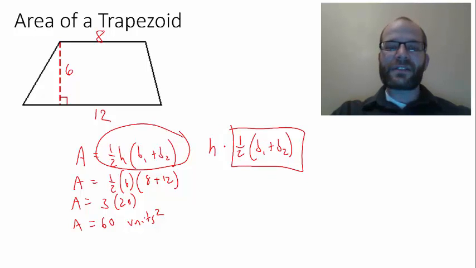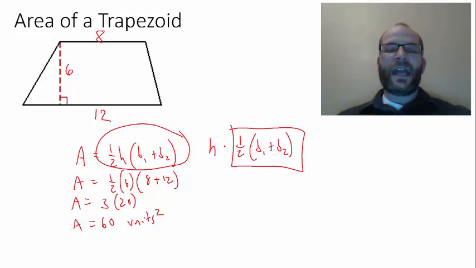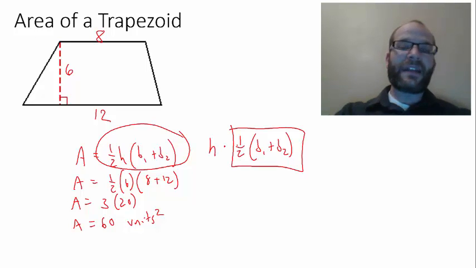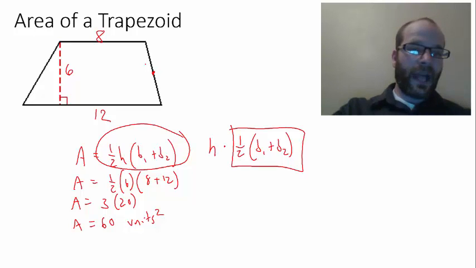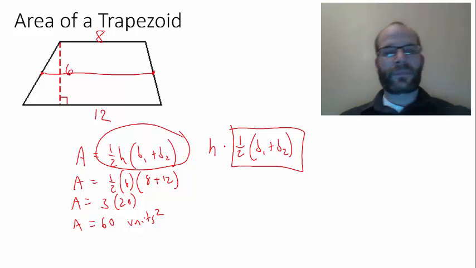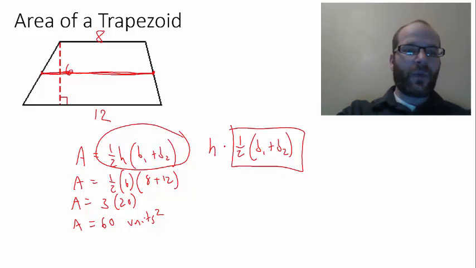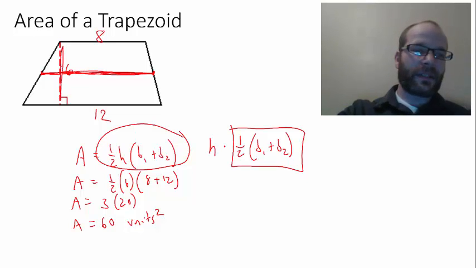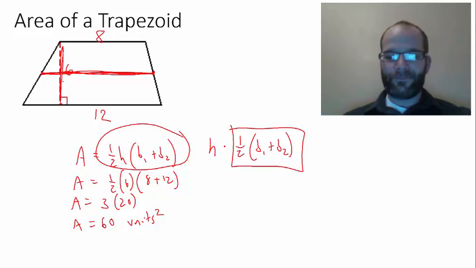We're adding two values together and then dividing them. And in fact, if we were to find that segment length, that is half of b1 plus b2, it would actually be right across the middle here. All we're doing is multiplying the average width of the trapezoid by the height of the trapezoid, and we find that that is the area.